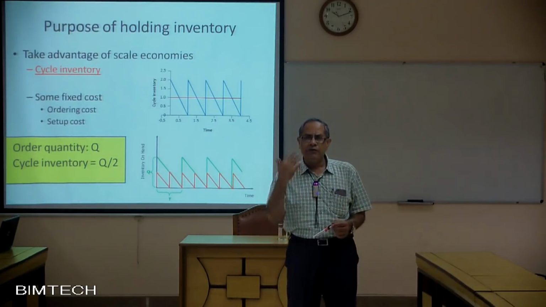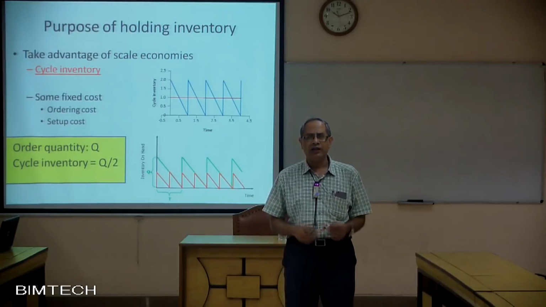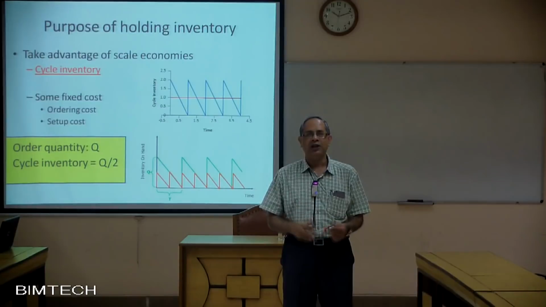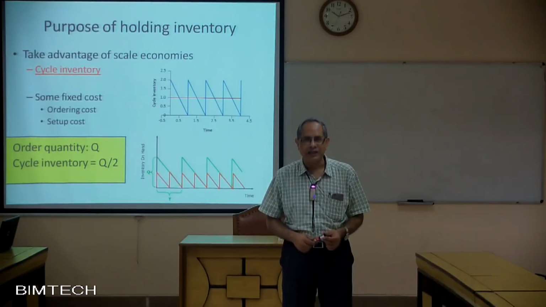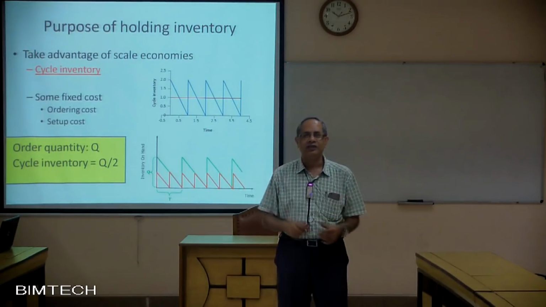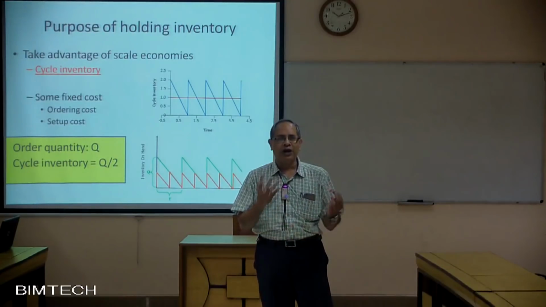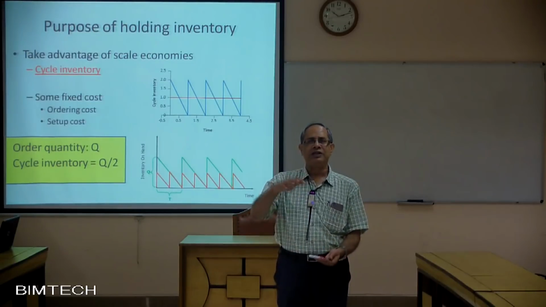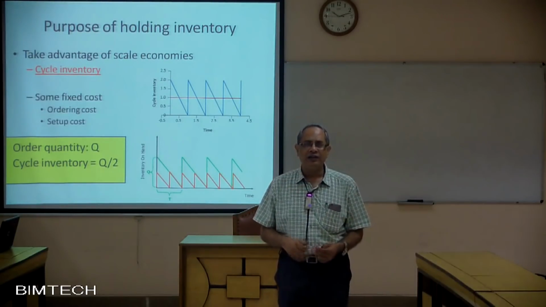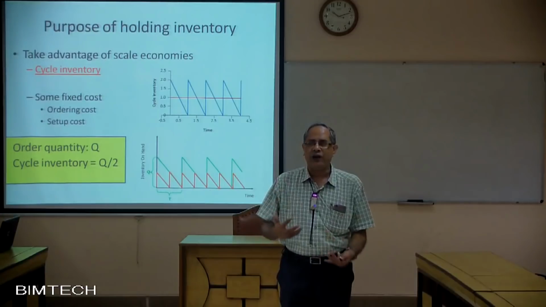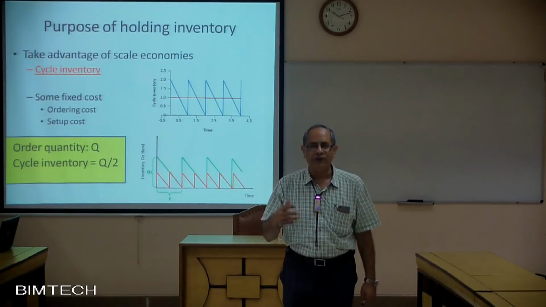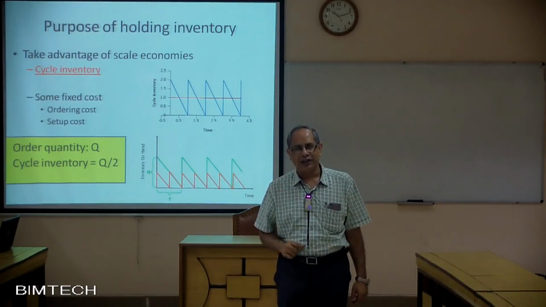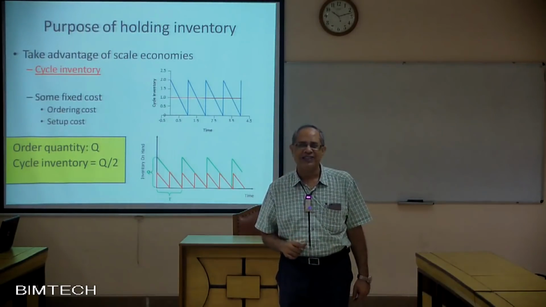Now, this is something very similar that we observe in our day-to-day purchases. For example, when you go to buy rice, rice comes in certain sizes. When you go to buy, let's say, detergent or shampoo, they come in certain sizes. And the sizes are there only because if you keep buying small quantities of these things, then it's a hassle.